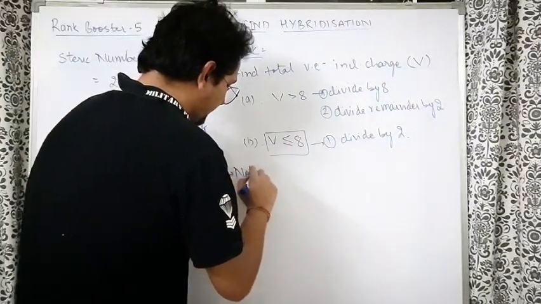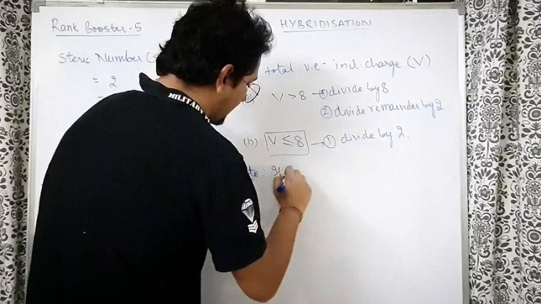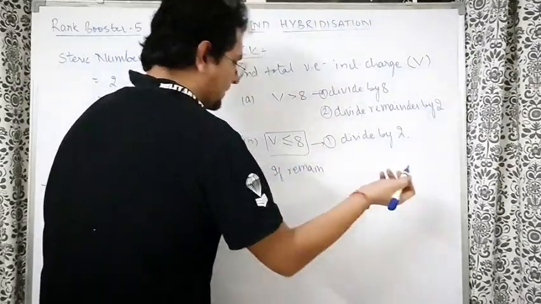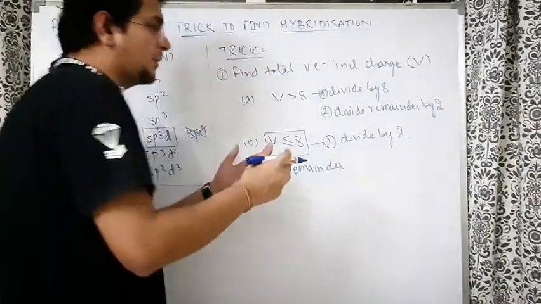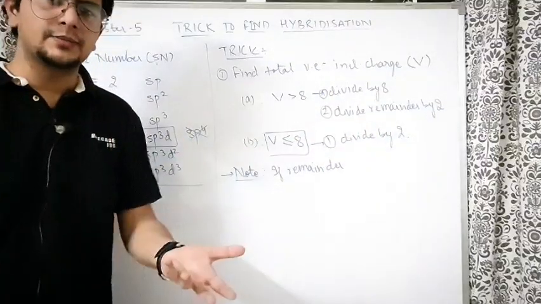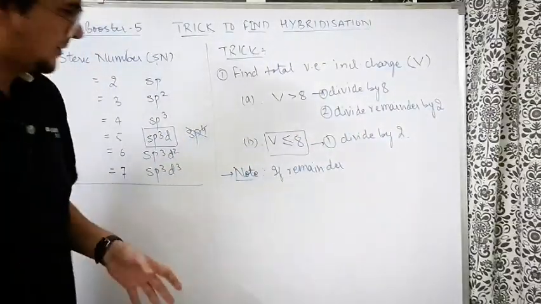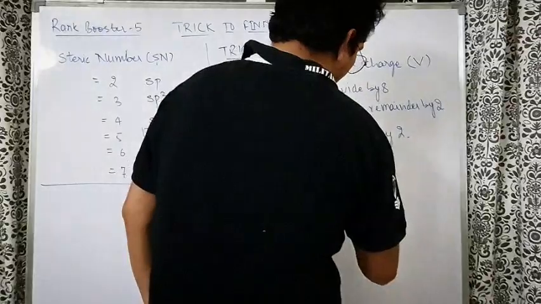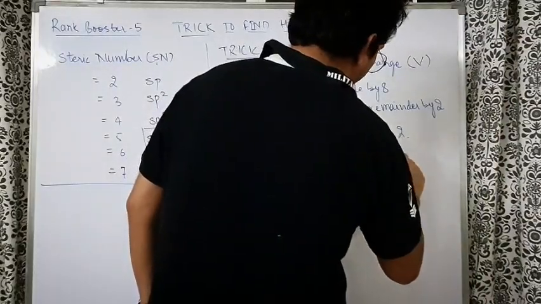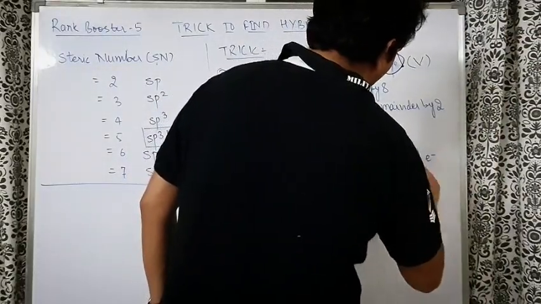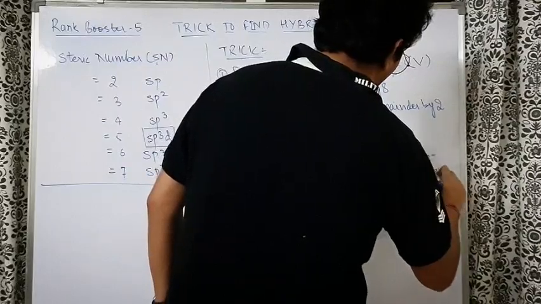Finally, note, if a remainder is left, obviously sometimes an odd number can also be there. An odd number cannot be divided by 2 completely. You will see the examples, you will understand basic mathematics. If a remainder is left, this implies it is an odd electron species.